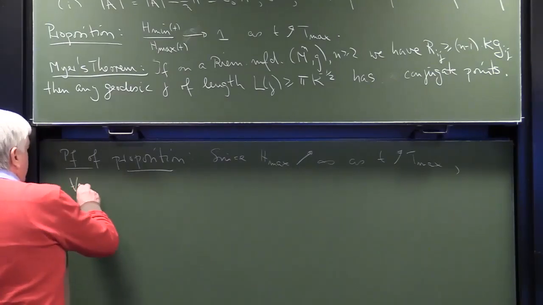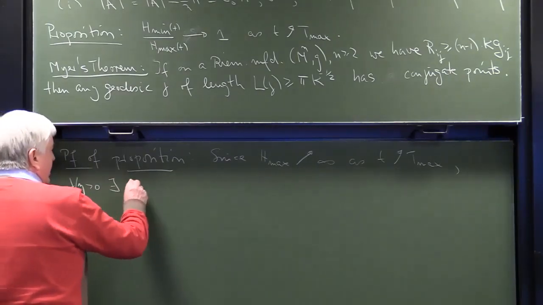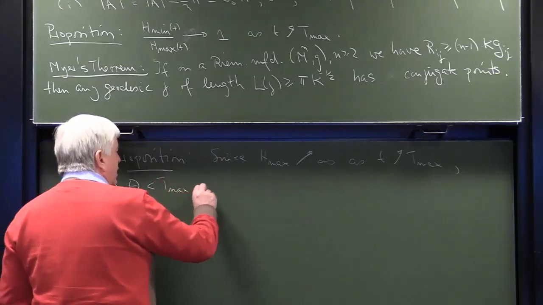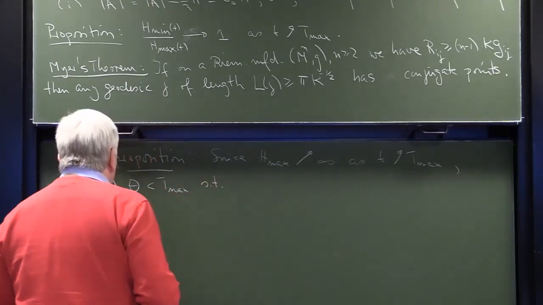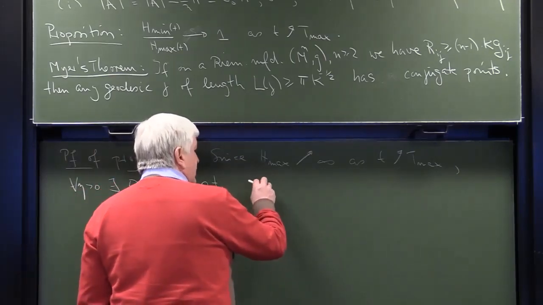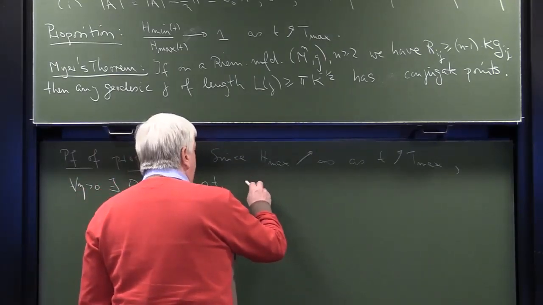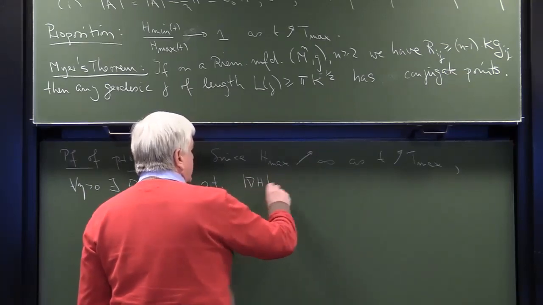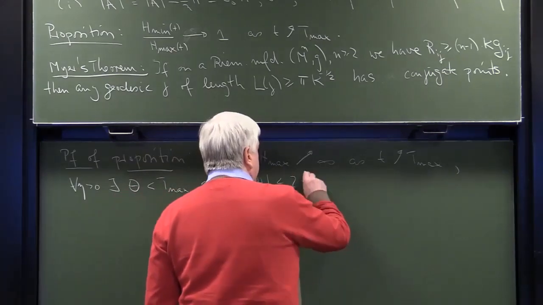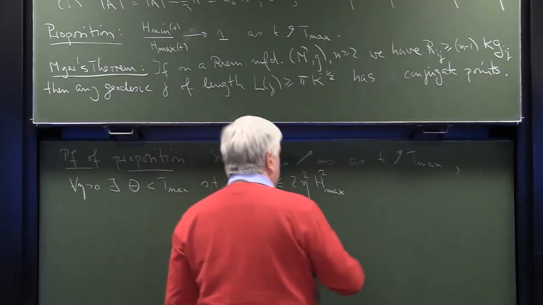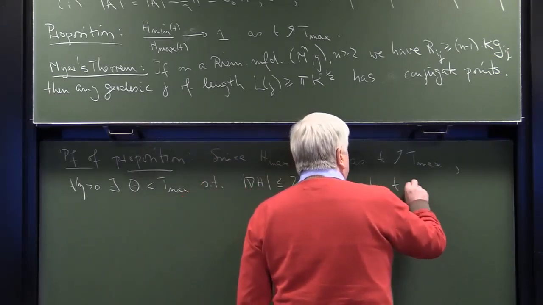For any eta there exists a theta less than t max such that the gradient of H is less than 2 eta squared H max squared at t theta.